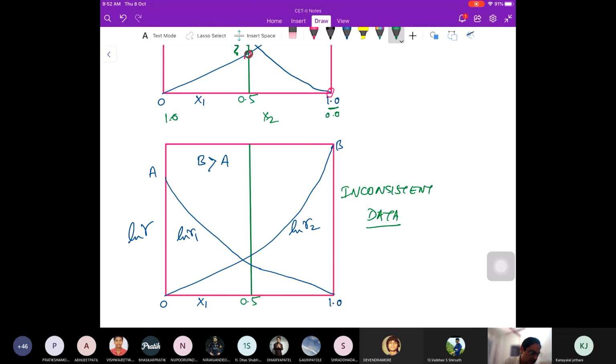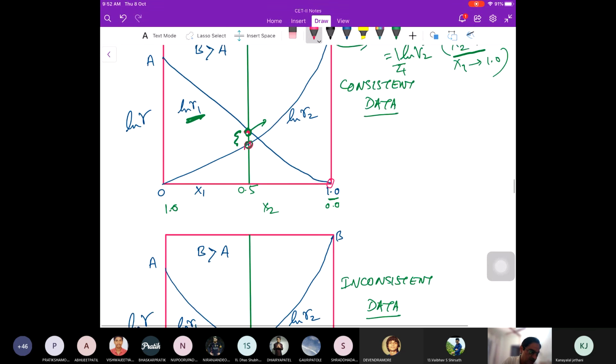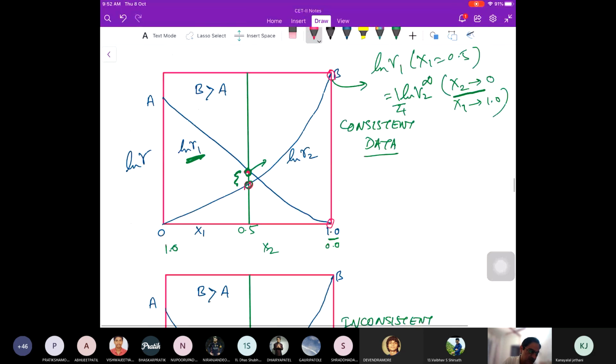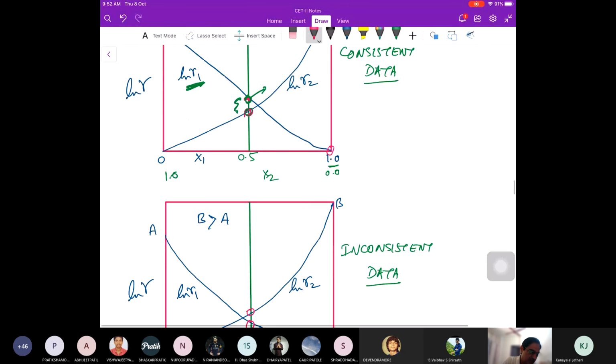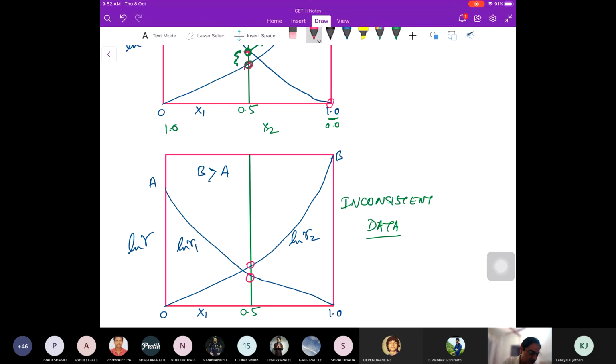So we are talking about when the data will be inconsistent. When you talk about ln gamma 1 at midpoint, this value is below this value. That's all we need, ln gamma 1 at x equal to 0.5 should be 1/4 the value of this thing.